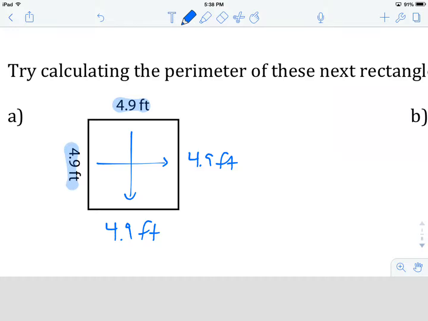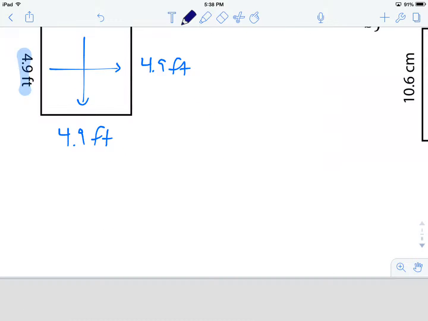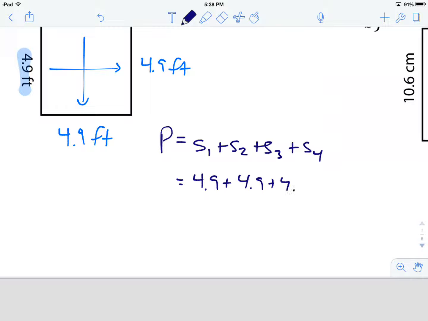It's called a square. And we are going to determine the perimeter of this square by adding up all four sides. Side 1 plus side 2 plus side 3 plus side 4. They all happen to be 4.9 plus 4.9 plus 4.9 plus 4.9. Now we can figure out by using our calculator, that's a messy perimeter, there it is.